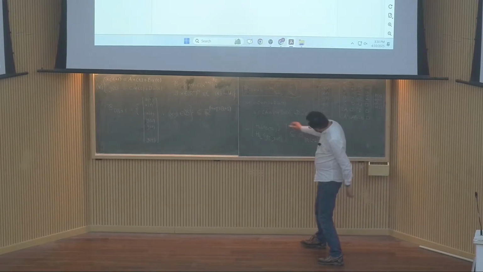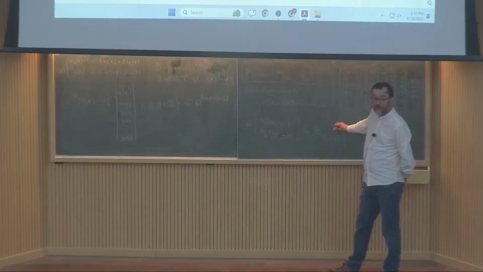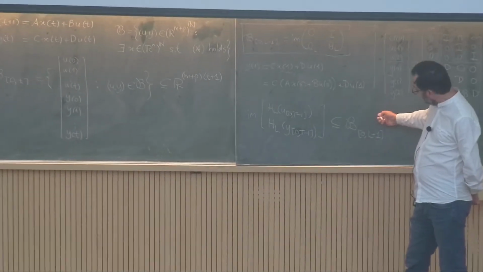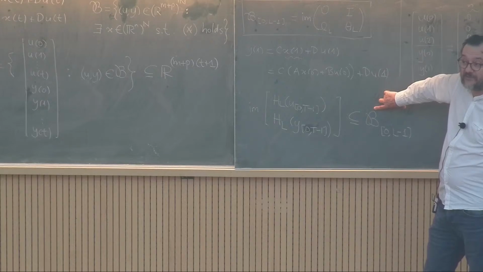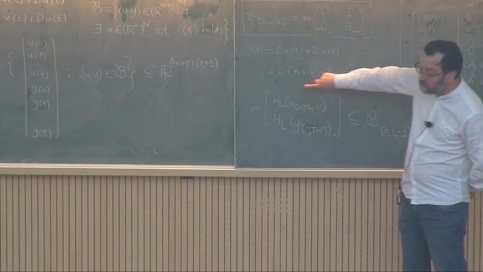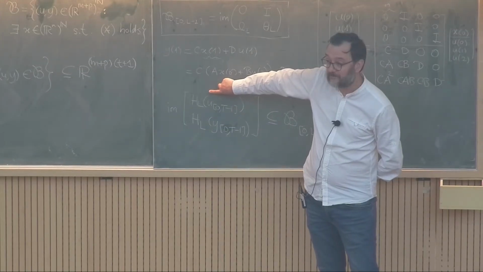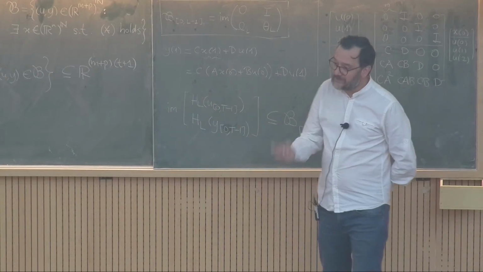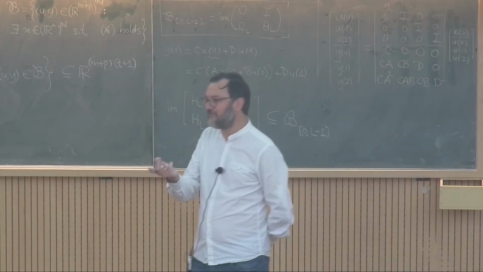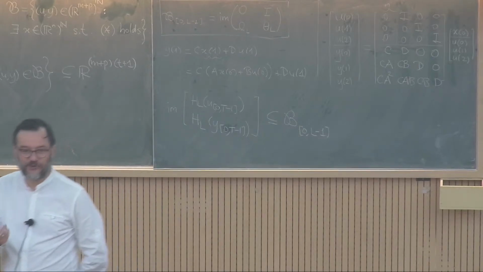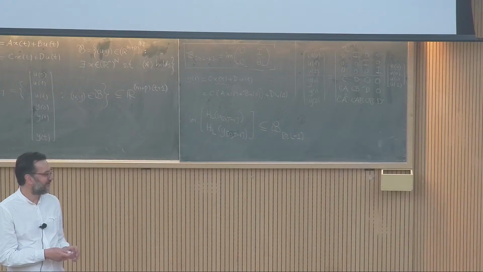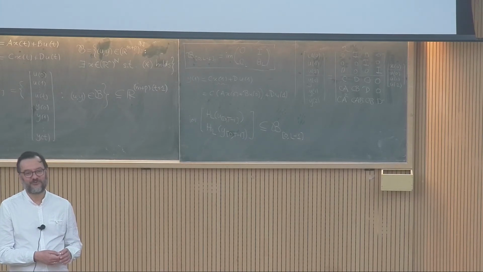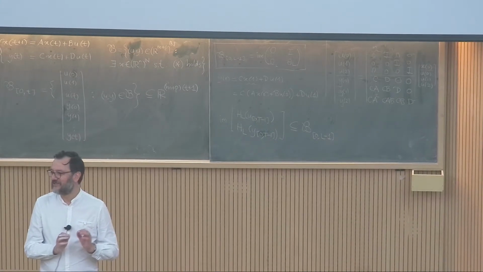So I have this inclusion already to prove, I need to prove that if I take an arbitrary vector here, it needs to belong to this one, right? But this can be done in a couple of different ways. And from this point, up to this point, we agree. But from this point onwards, we diverge.